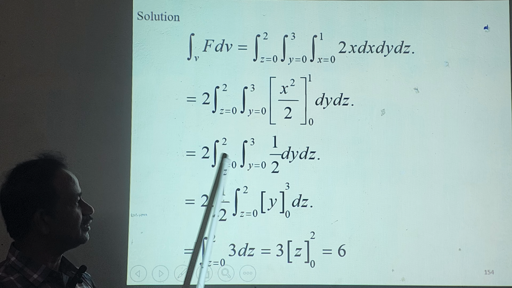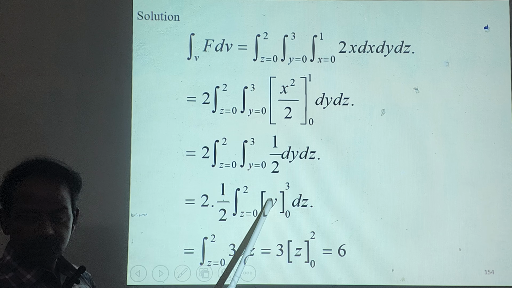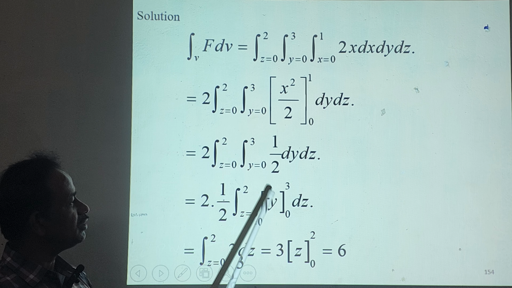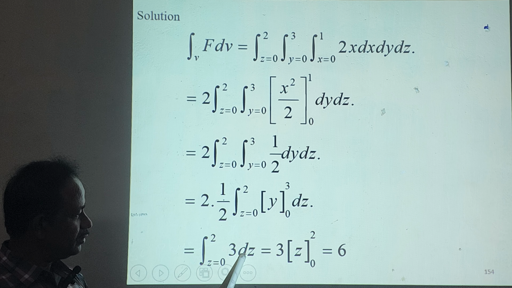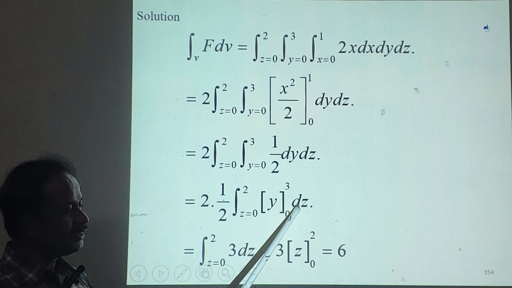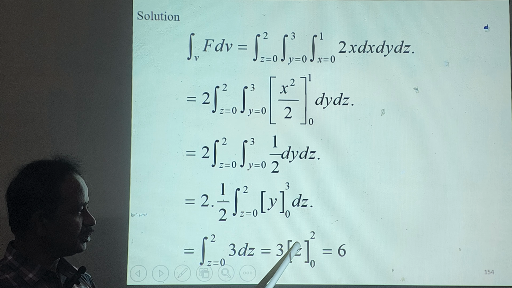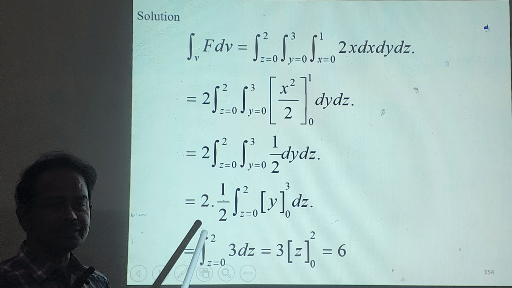Integrate with respect to y, that will give you y, with limits 0 to 3. Substituting for y, you will have 3 dz. You pull 3 out. Integrating with respect to z will give you z, and you substitute 2 here. So 3 twos are 6. So the integral of f dV is nothing but 6.